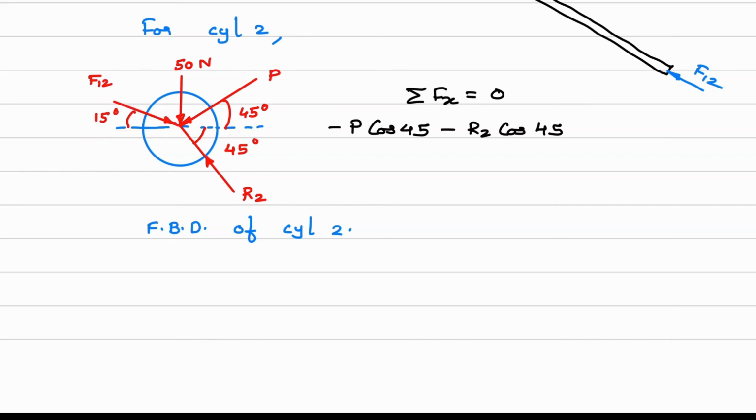It is towards right, so plus F1 to 2 cos 15 equal to 0. Okay, so from here just substitute the values. So we can simplify this equation. P cos 45 plus R2 cos 45 is equal to 118.3. This is equation 1.